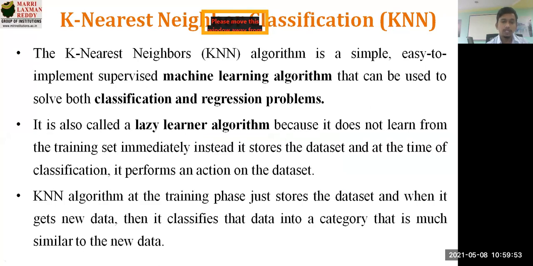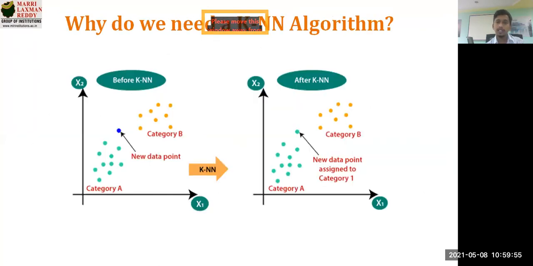Moving ahead, this is a small pictorial representation to understand what happens before KNN and after KNN. Here you can see two graphs between x1 and x2. We have some points colored in green and yellow, where green belongs to category A and yellow belongs to category B. You can also see a new point indicated in blue.